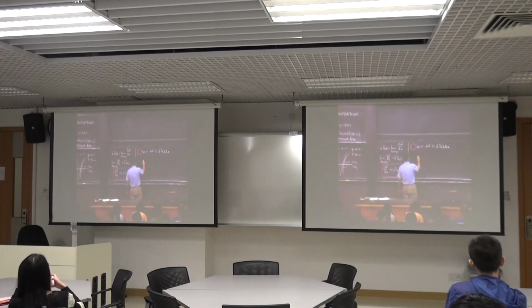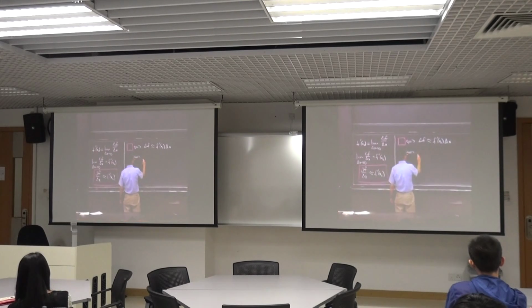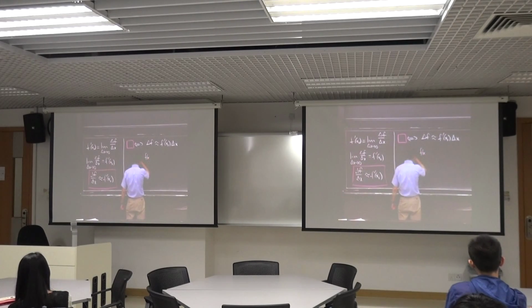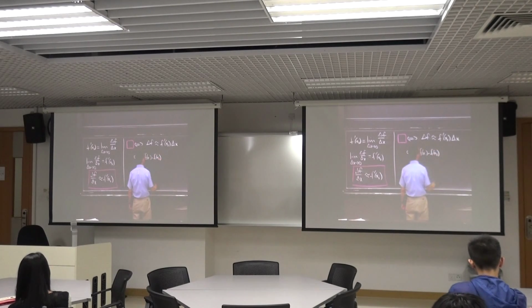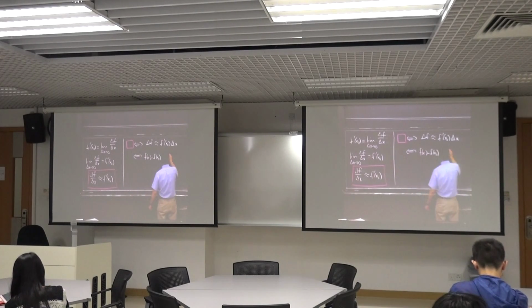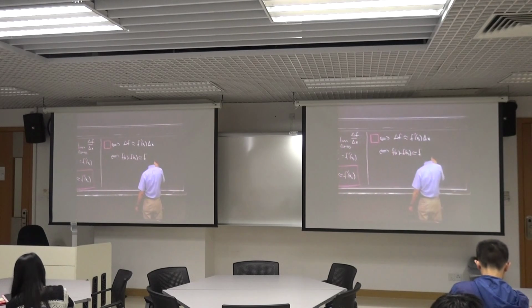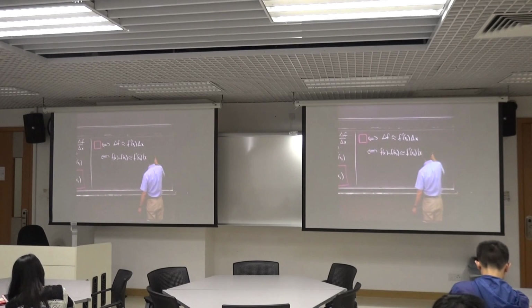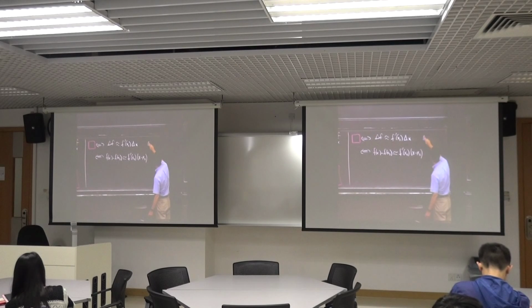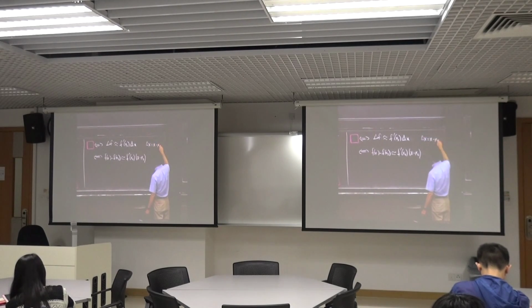And now if I just write out what this is, it's f of x minus f of x0. I'm going to write it this way, which is approximately f prime of x0 times x minus x0. So here I'm using the notation delta x as x minus x0.